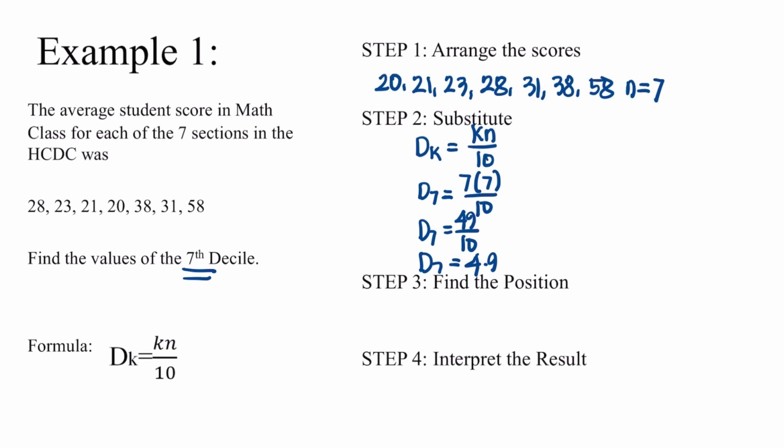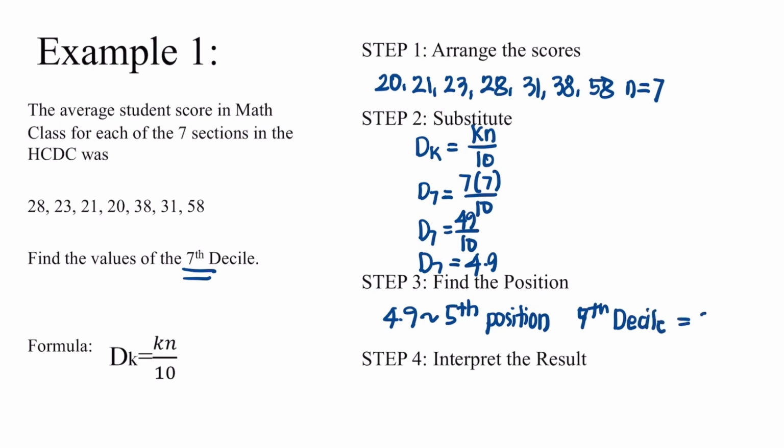Take note, round it off to the nearest whole number. 4.9 is now 5. Therefore, we'll look for the 5th position. So count it. 1, 2, 3, 4, 5. 31 is the 5th position. Therefore, the 7th decile is 31.